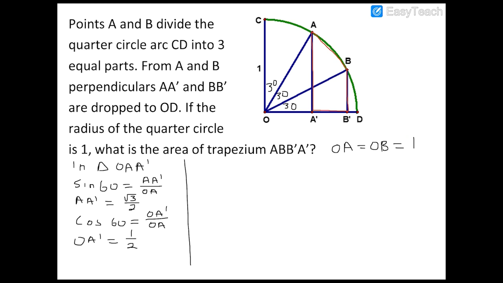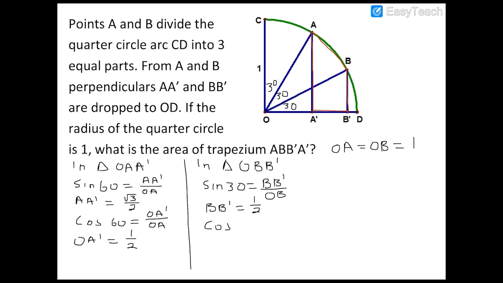Okay, so we do the same thing with triangle OBB prime. Sine 30 will be equal to BB prime divided by OB. We know that OB is 1, so BB prime is equal to 1 over 2.